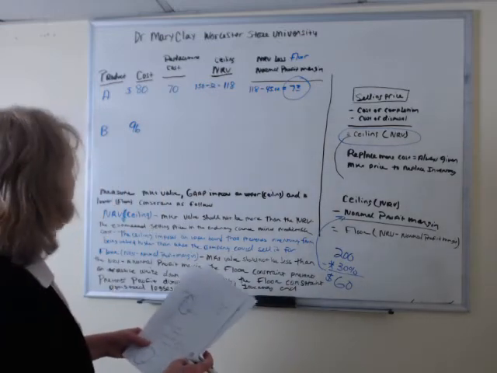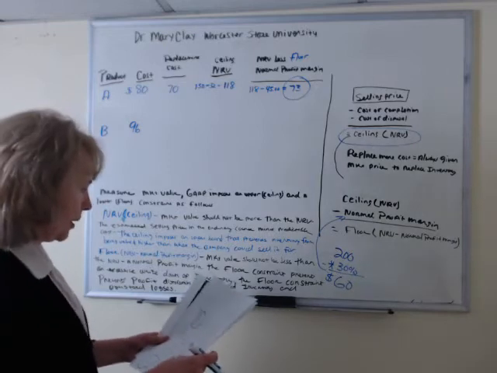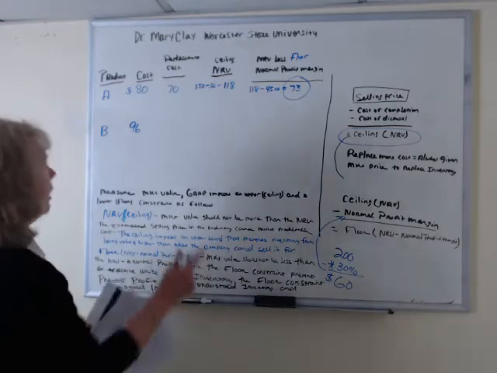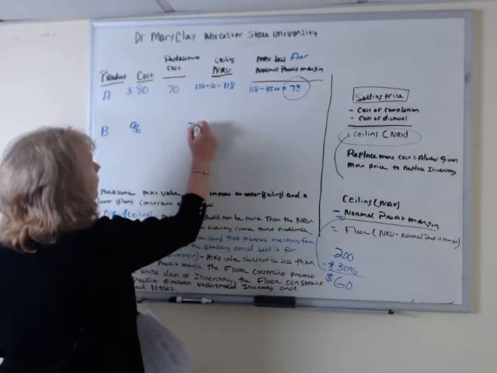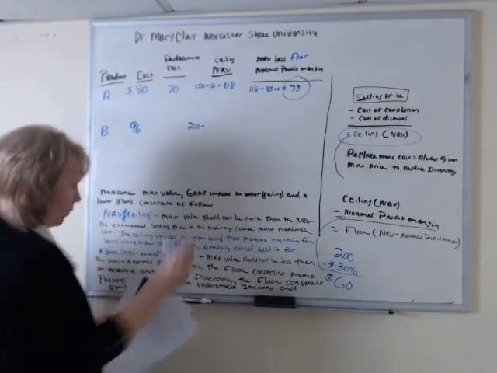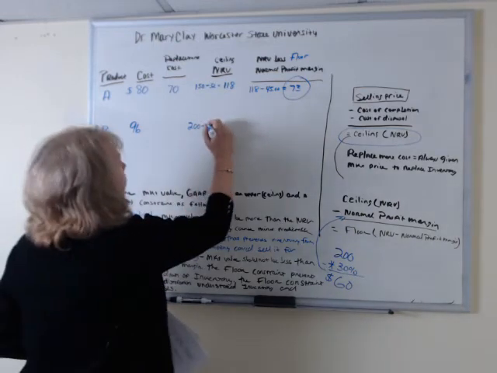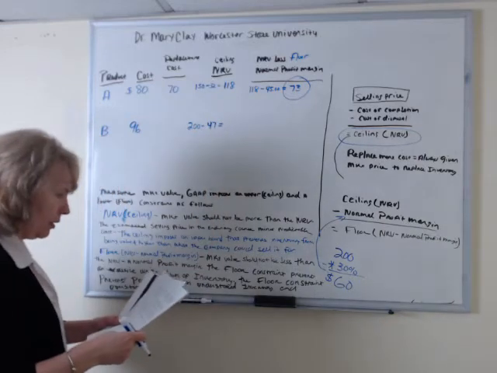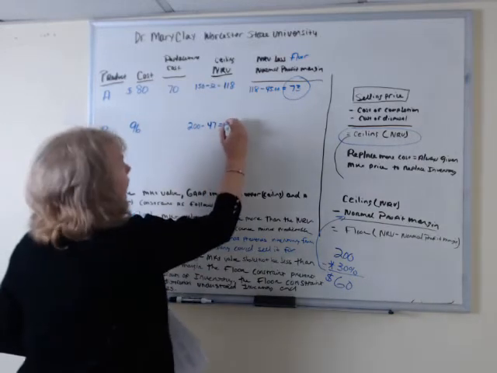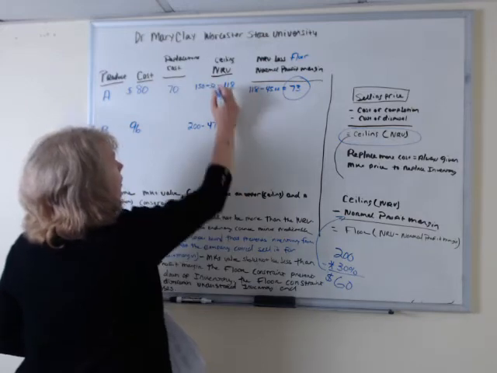Okay, so now I go back to the problem. Let me input my numbers. I'm going to start with the ceiling. The selling price is 200. Then I subtract out the cost of disposal, which is 47. And that gives me 153. So my answer to the ceiling is 153.